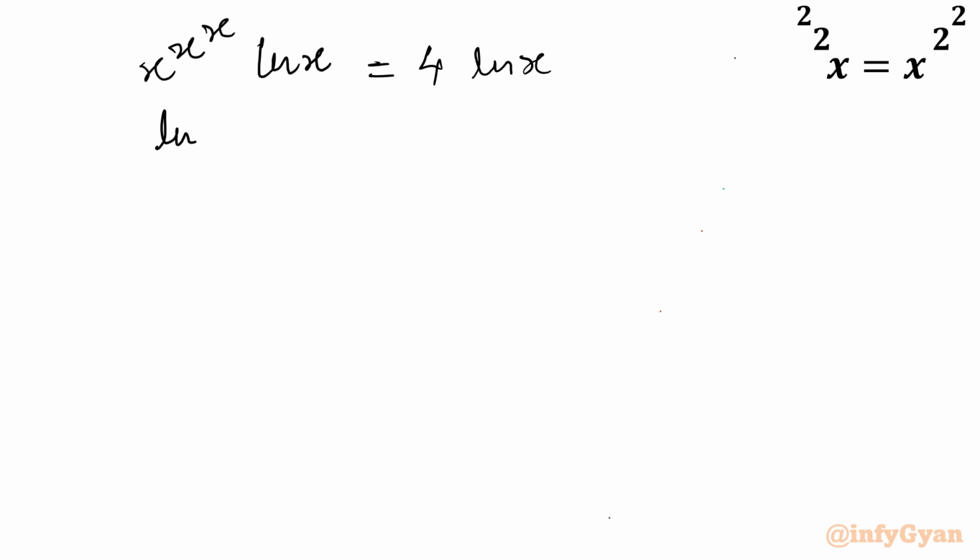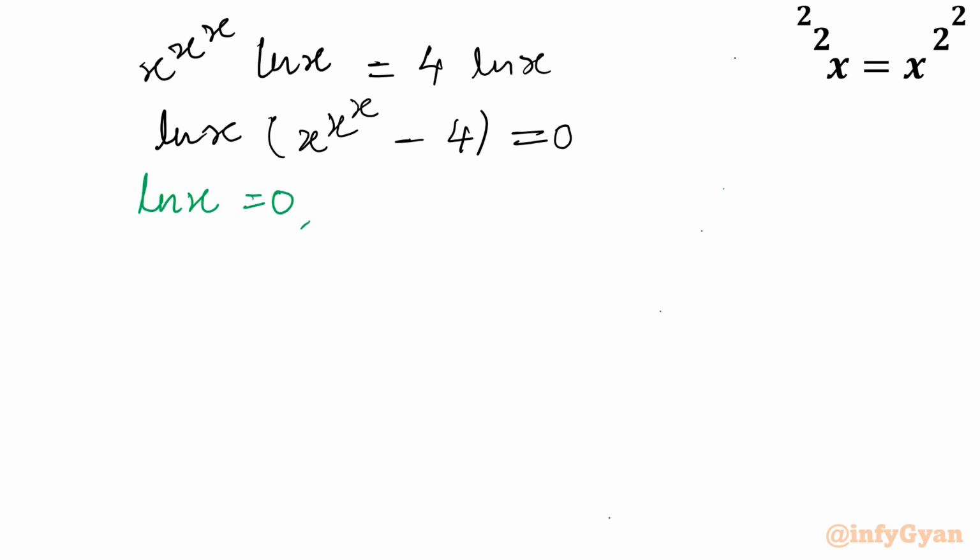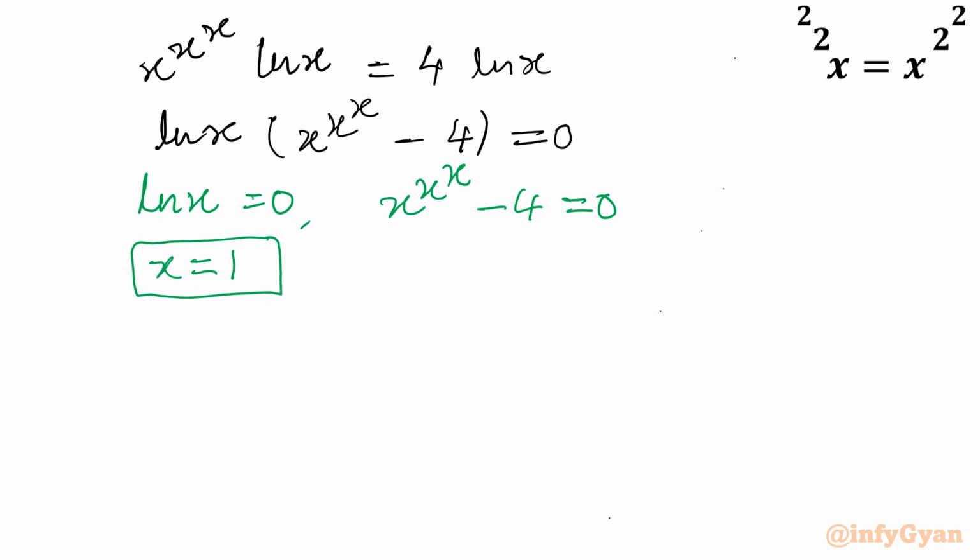I will have ln x in bracket x power x minus 4 equal to 0. Now we have the f dot g equal to 0 form. So we can write either ln x must be 0 or x power x minus 4 would be 0. From the first equation we can conclude x is equal to 1. This is our one solution.